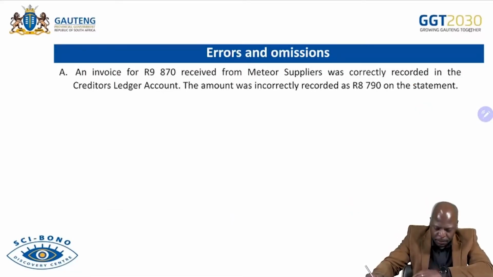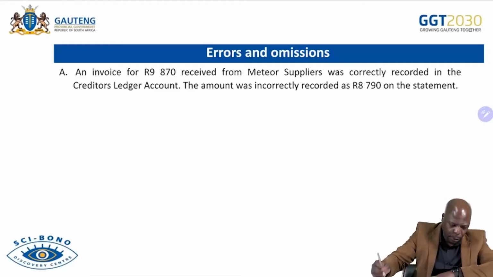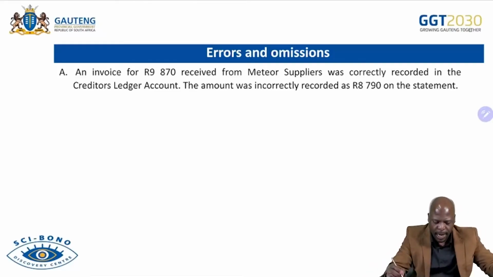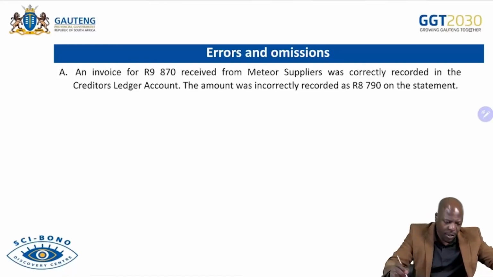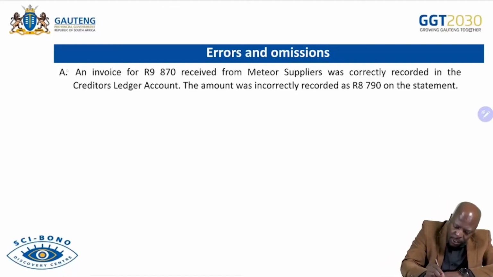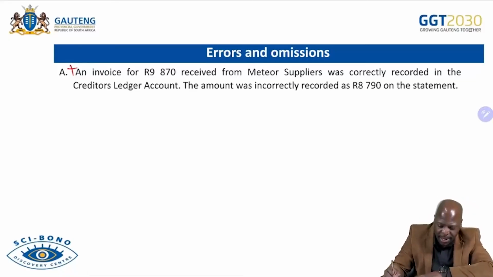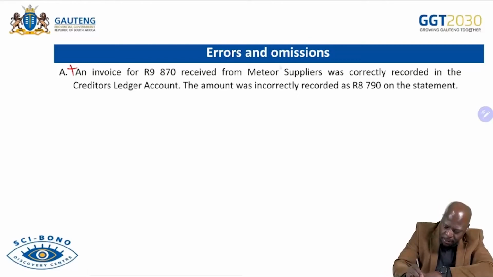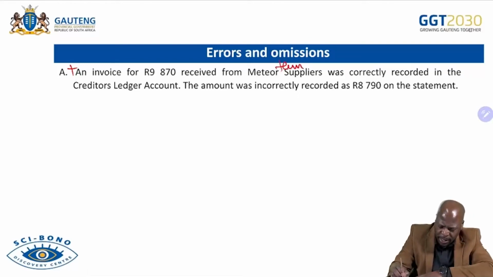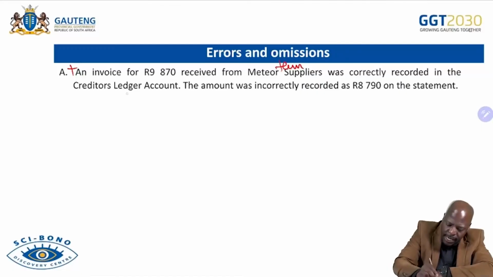Let's go on now to transaction A. Transaction A reads, an invoice. Remember what I've taught you. An invoice, what sign comes with an invoice? An invoice is a plus. An invoice for 9,870 received from Meteor Suppliers was correctly recorded in the creditors ledger. Who does the ledger? This is us.